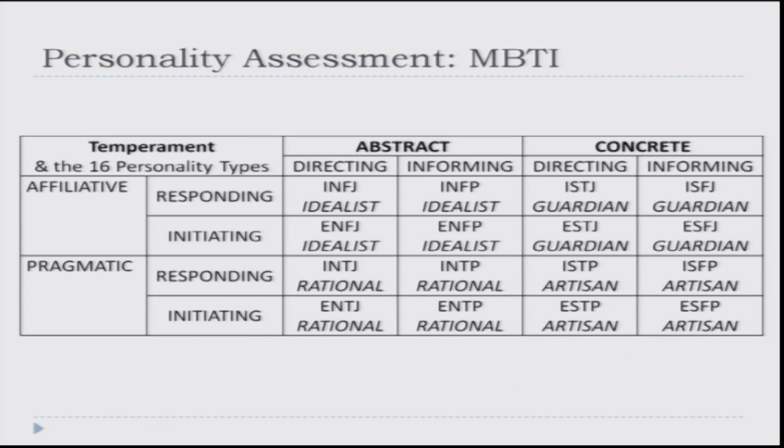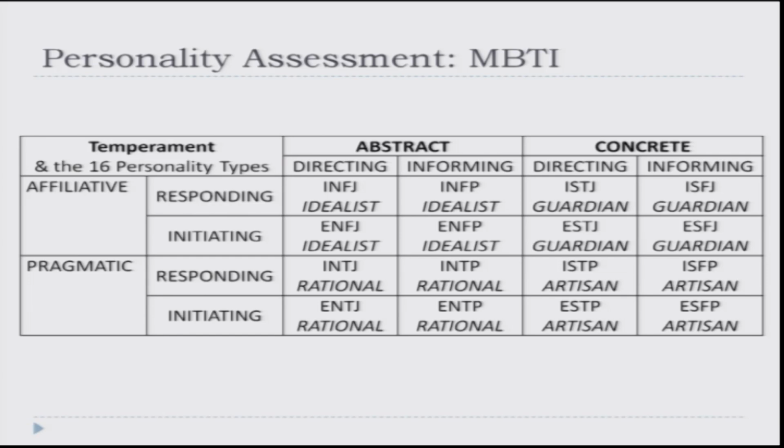Then you can look at the temperament. In temperament, again you have affiliative and pragmatic. On one hand, affiliative has 2 components, responding and initiating, and the same with pragmatic, you could be responding and initiating type. Then abstract and concrete type. Abstract and concrete are both directing and informing type.